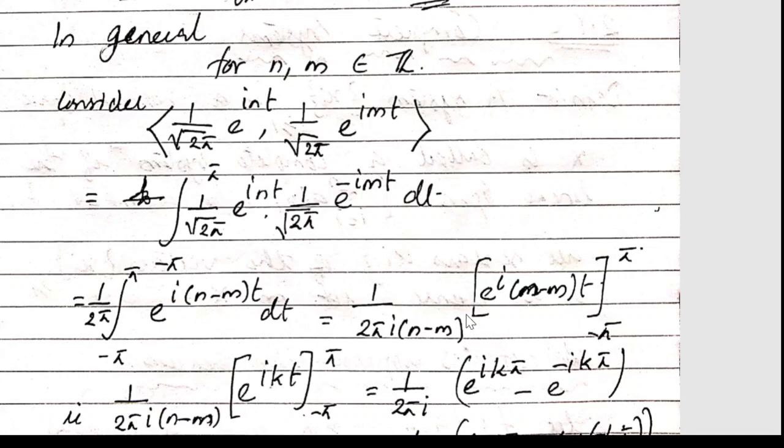Now n and m belong to Z, so it can be taken as some k. So 1 by 2 pi i into n minus m into e raised to i k t between the limits minus pi to pi. I missed some k here, so I should write k.